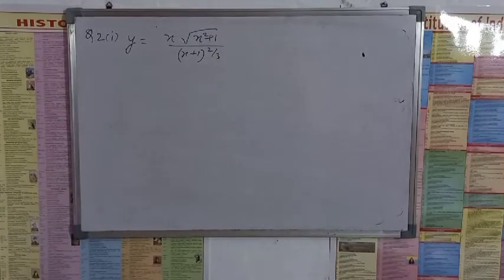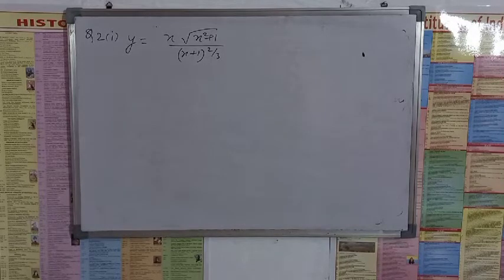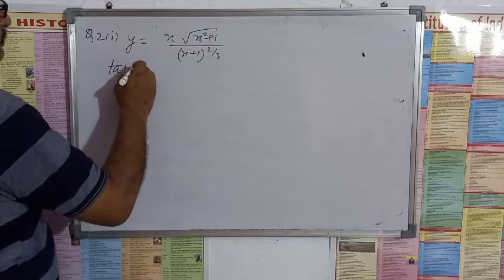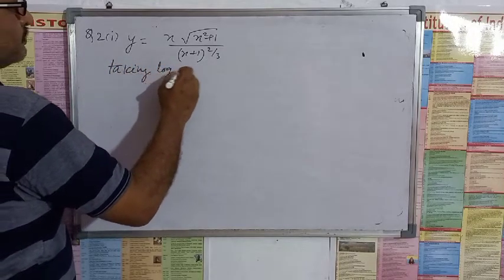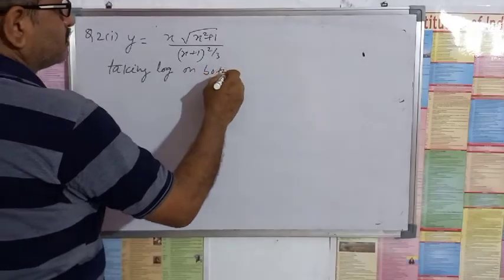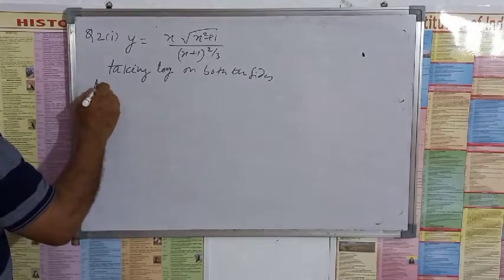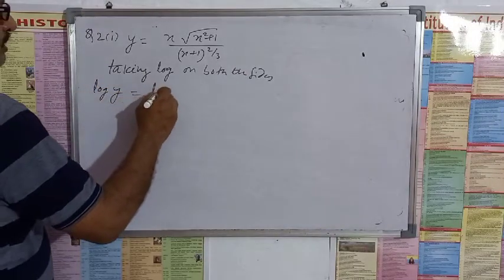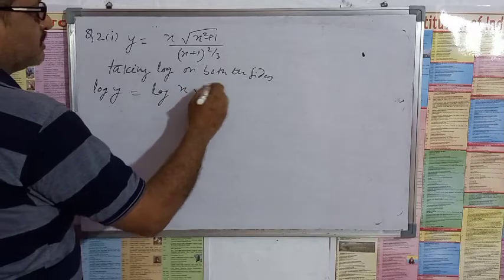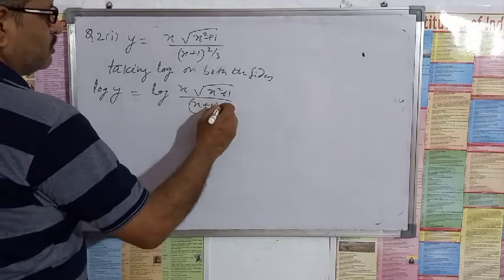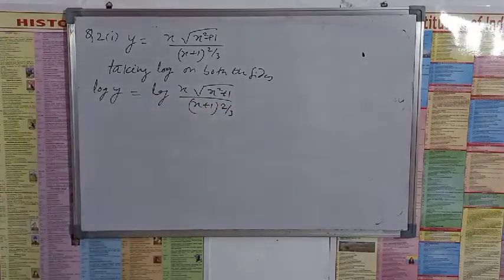So we have to differentiate it using log. So again taking log on both the sides. So left side it will be log y, right side log x, root x square plus 1, x plus 1 to the power 2 by 3.